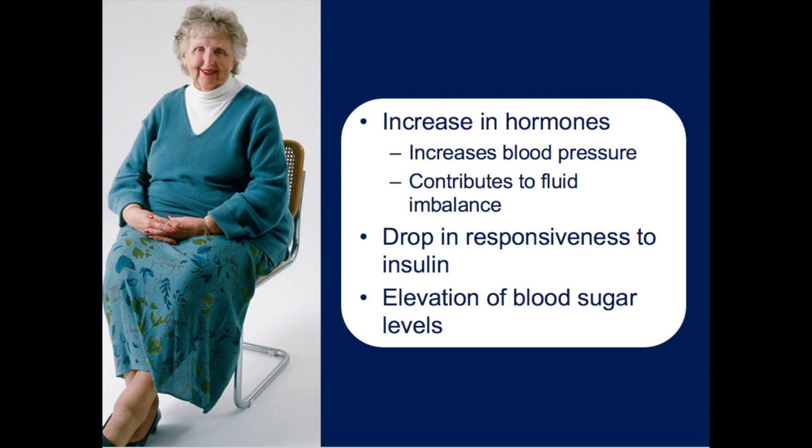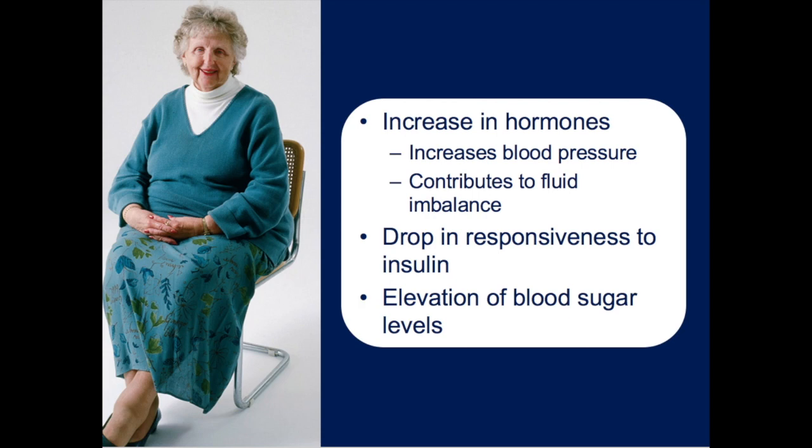So blood pressure, we'll start there. Patients, as they age, have a tendency to have an increased blood pressure, and one of the contributing factors is hormone production. As patients age, they have increased levels of norepinephrine and ADH. You may also know it as vasopressin.